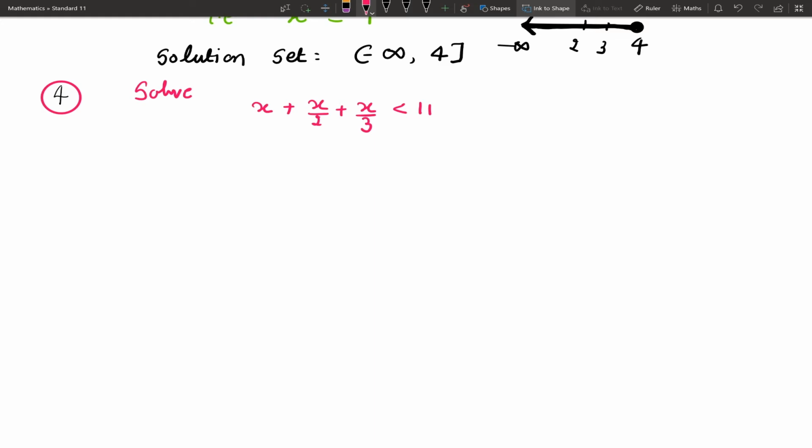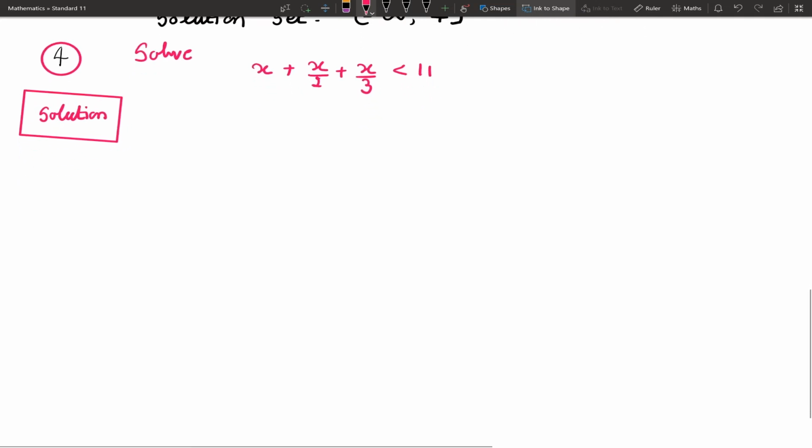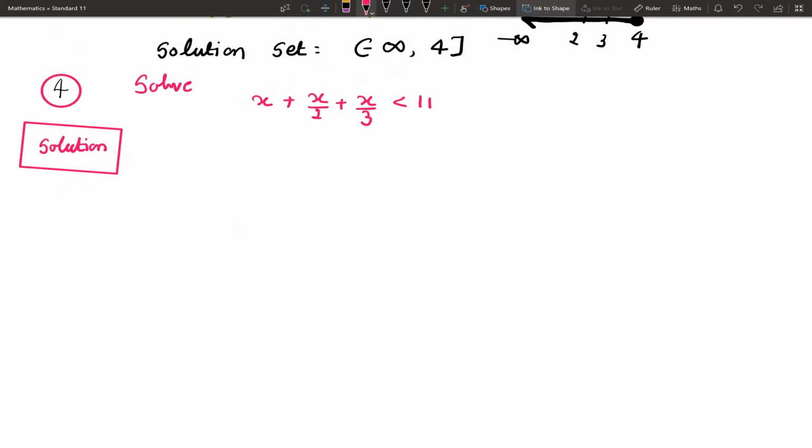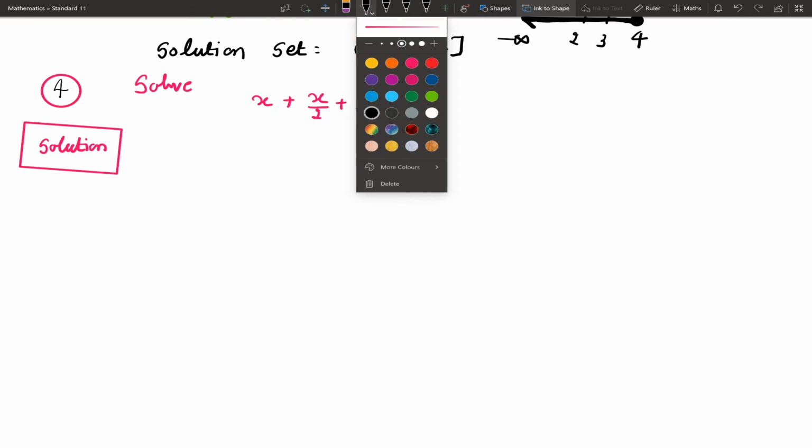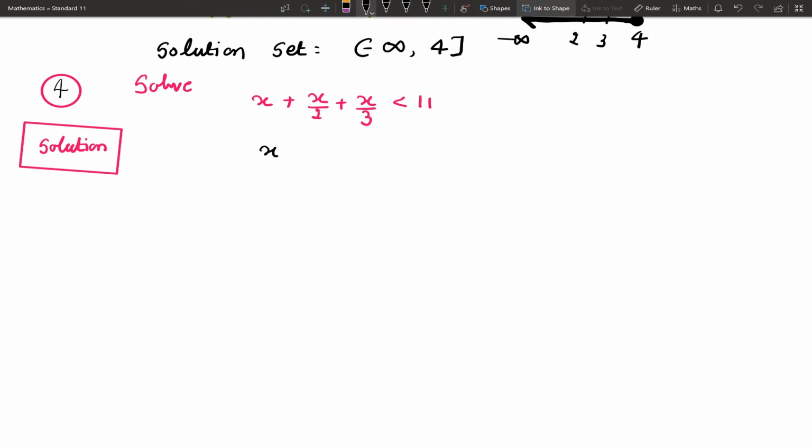Solve this one for real x. So solution, we have given x plus x by 2 plus x by 3 less than 11.